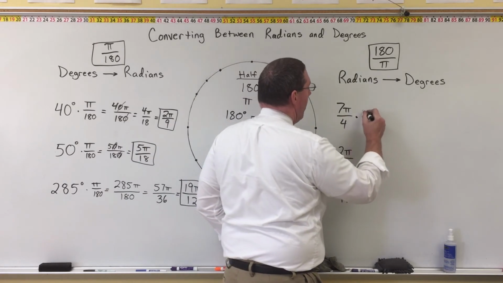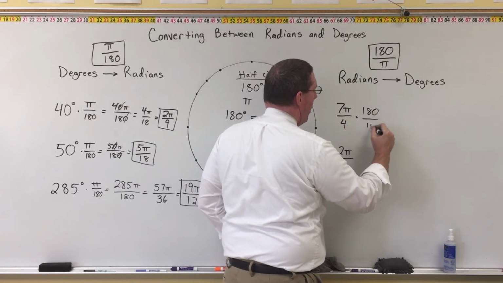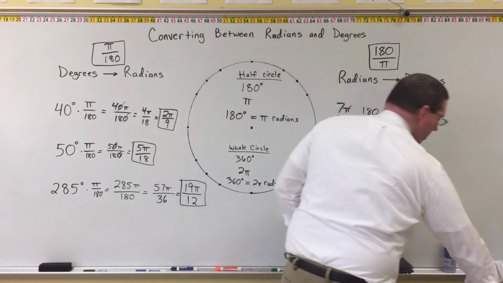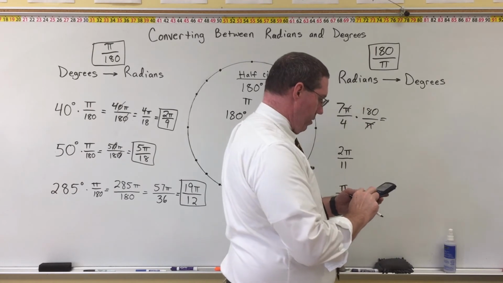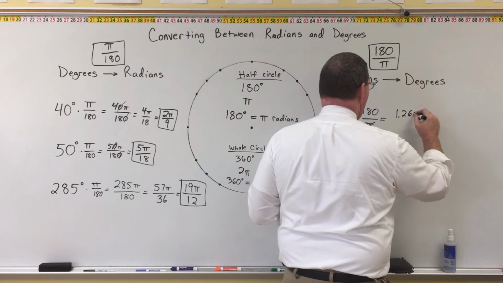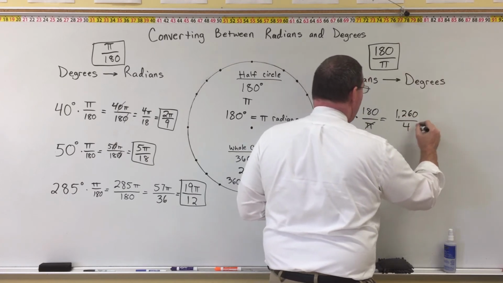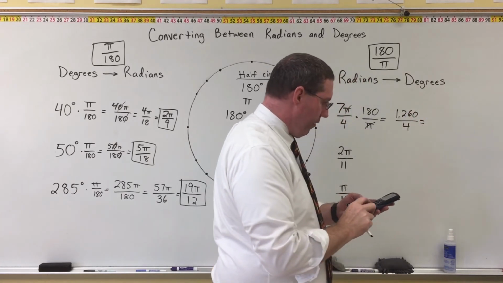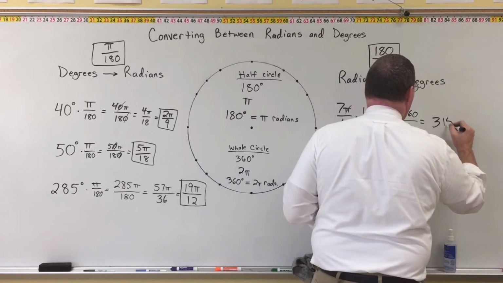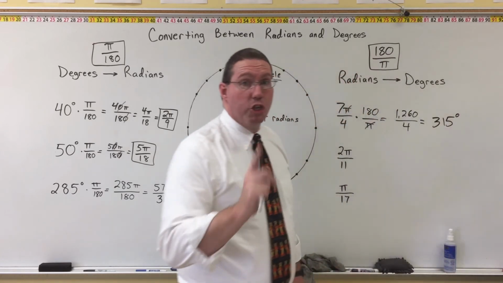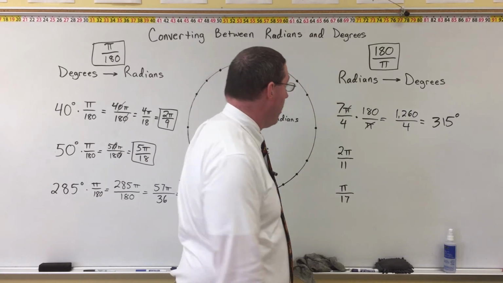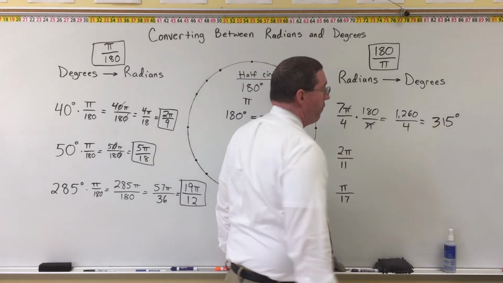We multiply it by 180 over pi, and the pi's are going to cancel. 7 times 180 is 1,260 over 4. I'm pretty sure that divides out. We divide this by 4 and we get 315. So this is the same thing as a 315 degree angle. You have to put the degree symbol on there. A 7 pi over 4 angle is a 315 degree angle.